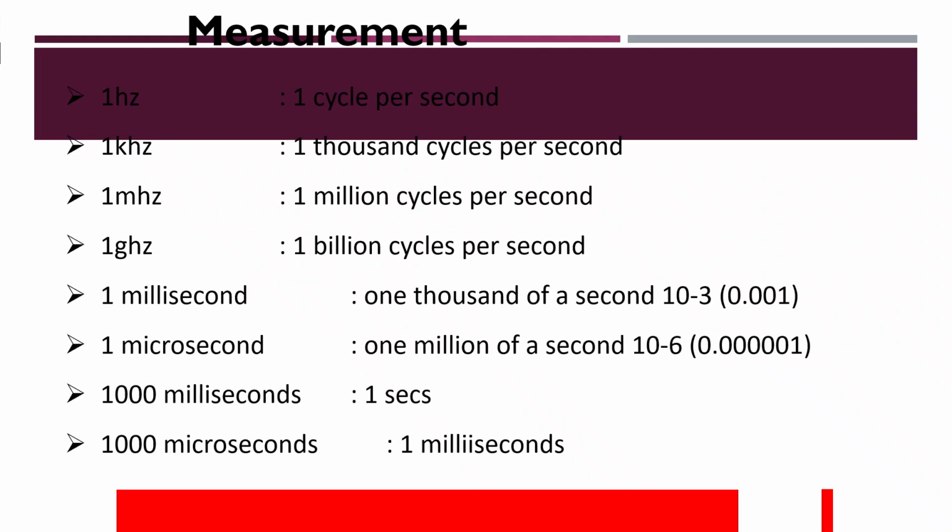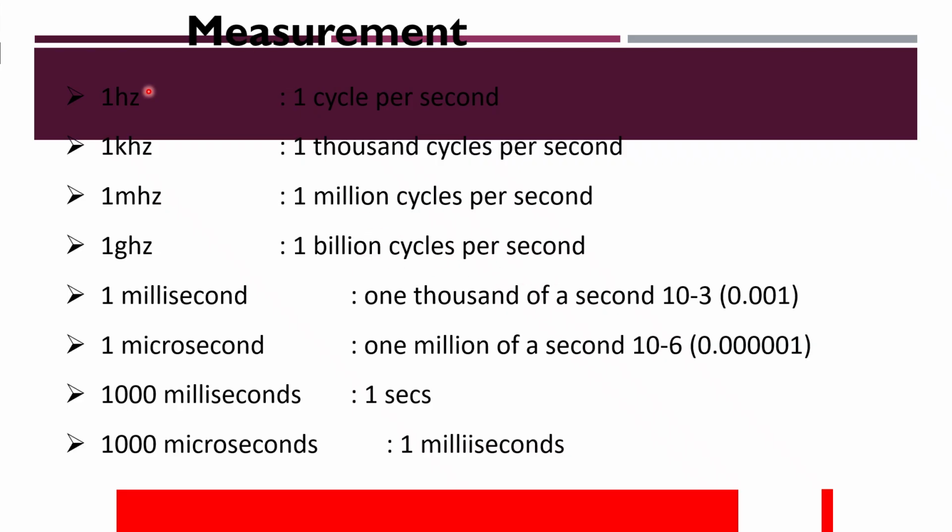See the measurement: 1 hertz is equal to 1 cycle per second. 1 kilohertz is equal to 1000 cycles per second. 1 megahertz is 1 million cycles per second. 1 gigahertz is 1 billion cycles per second.